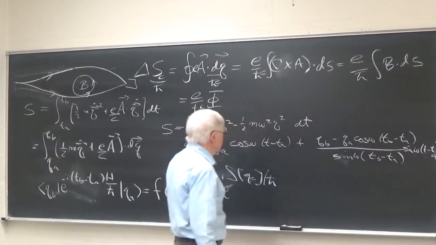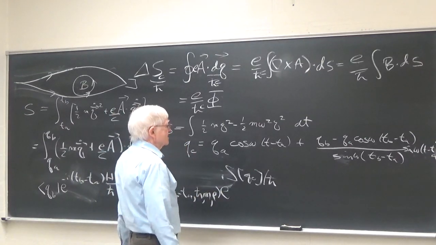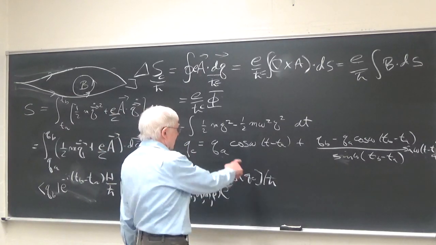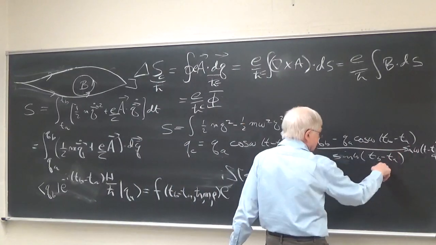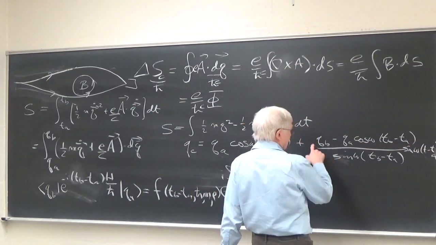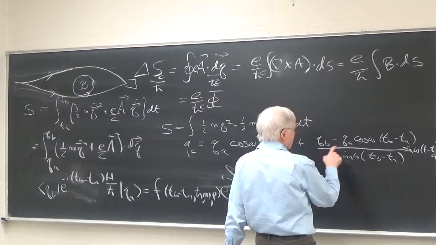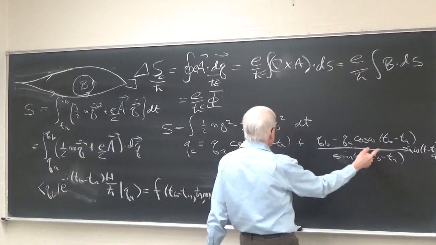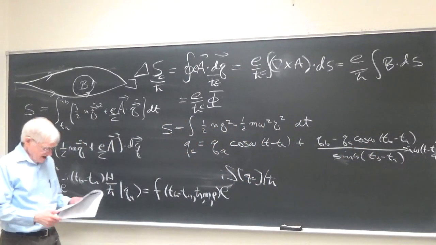If, on the other hand, t is equal to t_B, then what we have is q_A times a cosine, and then over here the sines cancel, and we have a q_B, and then we subtract q_A times the same cosine. So this satisfies the correct boundary conditions.